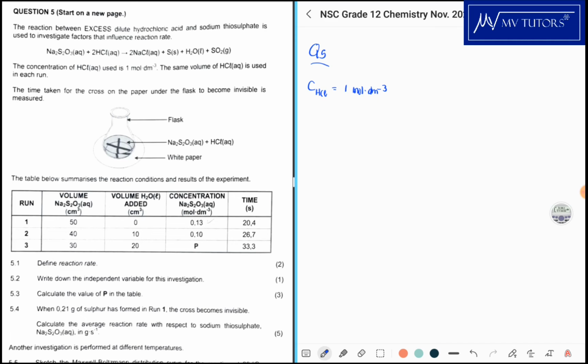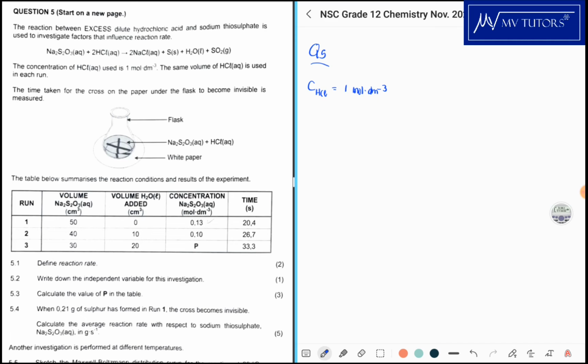All right, so the table below summarizes the reaction conditions and results of the experiment. So we see run 1, we have the volume of sodium thiosulfate, the volume of water, the concentration, as well as the time. For run 1, this is the initial concentration, before there's any kind of dilution.